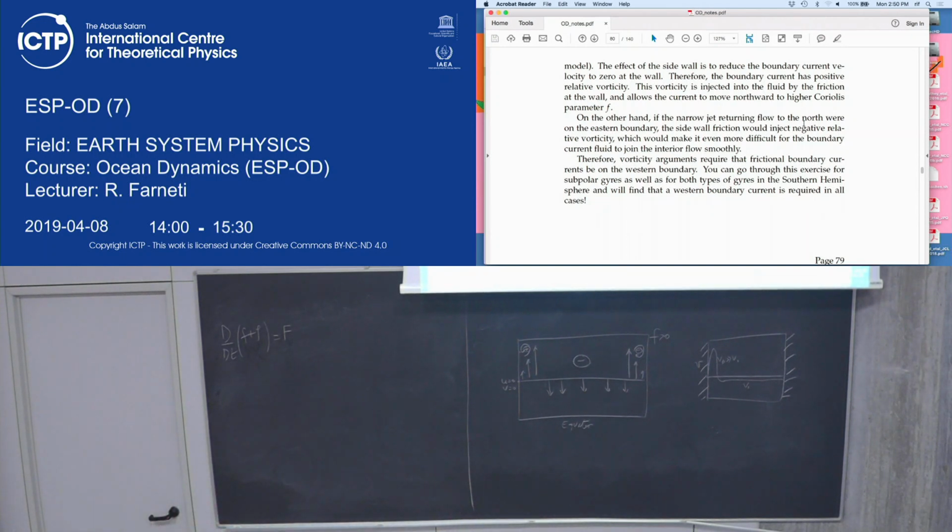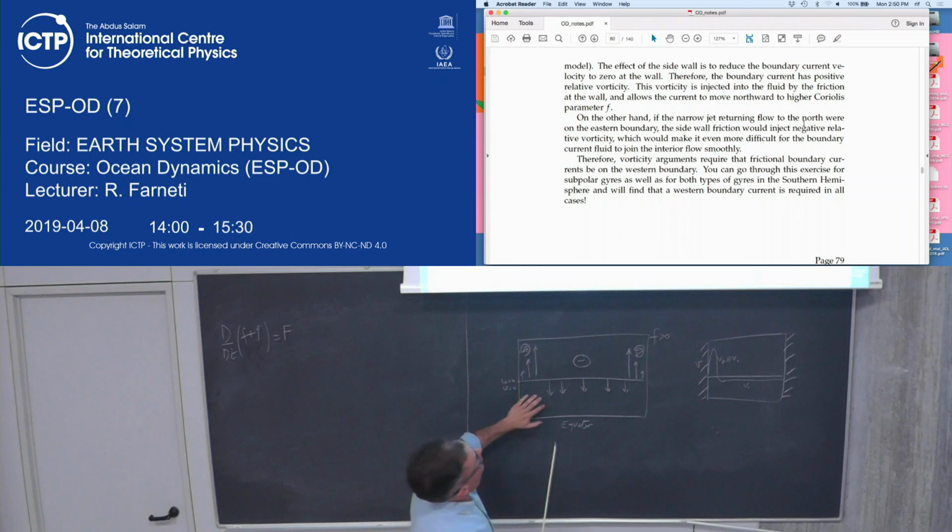Because you have an input of vorticity, and within the interior you can balance that by changing F, but in the boundary layer, if you have to return that flow where F is changing, the only way of balancing that change in vorticity is through relative vorticity. And it has to be on the western side, because on the eastern side it doesn't balance this vorticity.